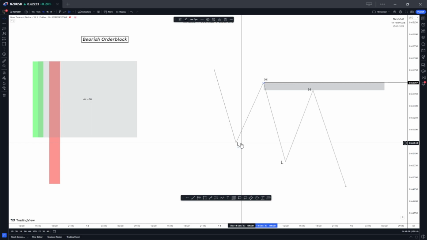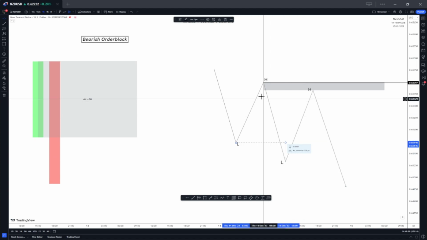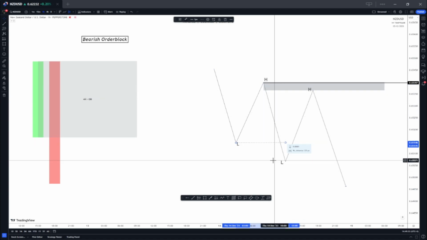But liquidity is mainly, for example, if we are taking trades right here, all the breakout traders will have their stop loss hit. All the traders who are waiting for a double bottom will hit or sell. All the traders who are waiting for a retest and continuation will hit their stop loss. So banks push down price to take out the liquidity, to take out the retail traders and take their money.